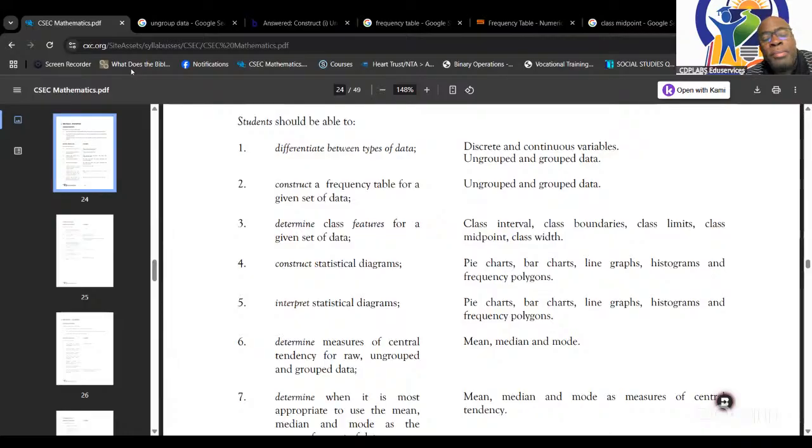Now the bar charts are frequently being used. The bar chart can represent, let's say for instance, shoe size. Different persons in the class wear different shoe sizes.